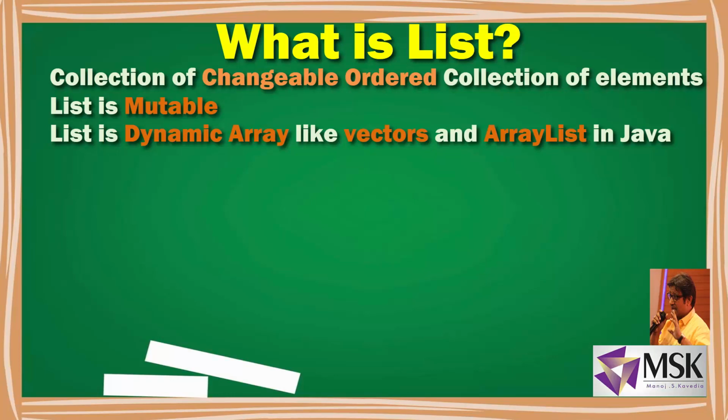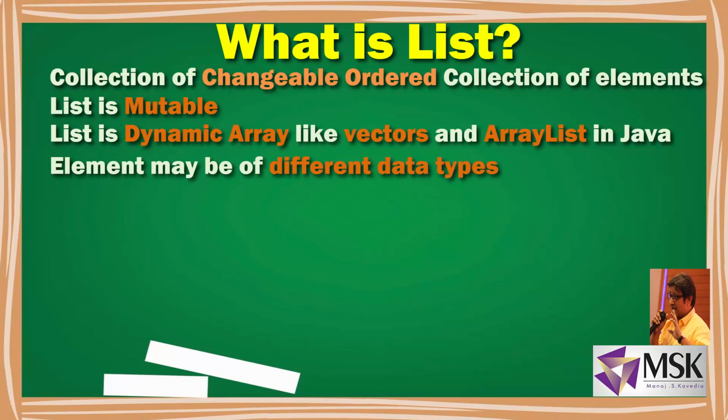So if I want to compare the list, then I can say lists are dynamic sized arrays and they are like vectors and array list in Java. And the very important point about list is the elements not necessarily are a collection of homogeneous elements, means they shouldn't be of same data type.